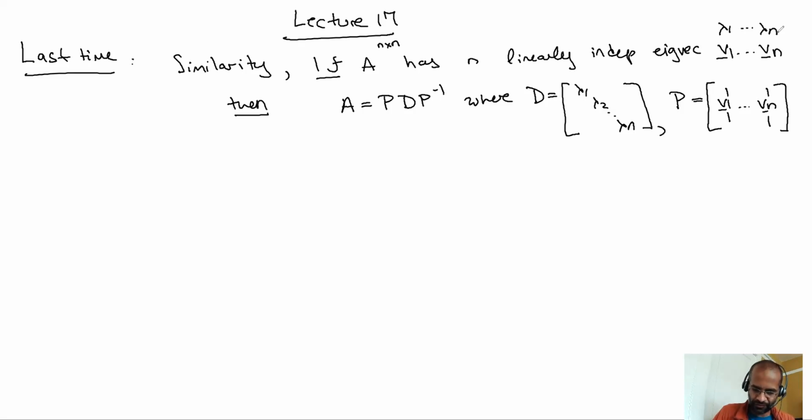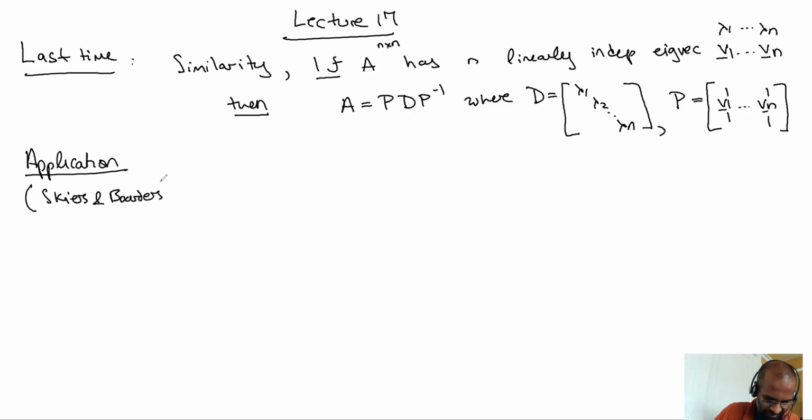And the point of this was, I did this little toy application, the skiers and snowboarders example, which was an example of what's called a dynamical system.